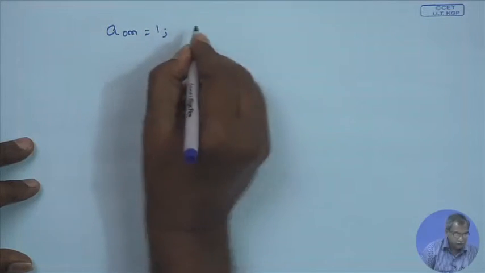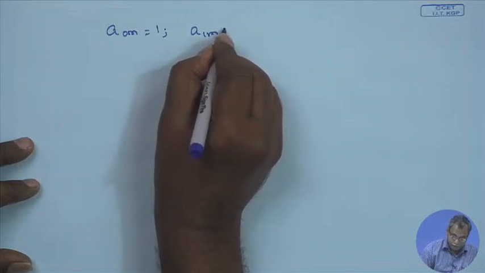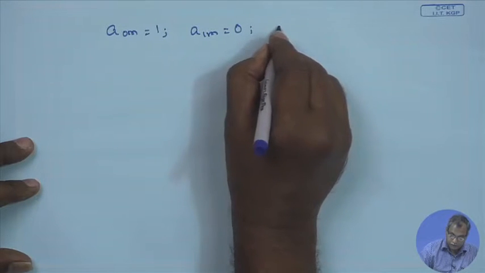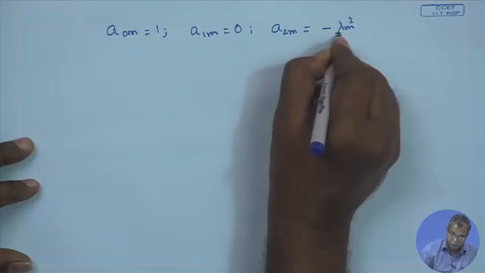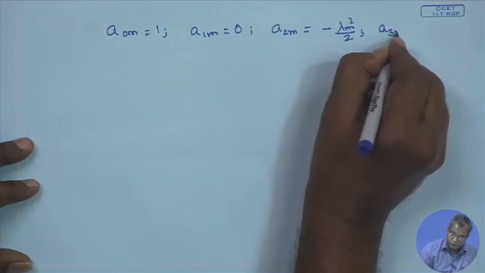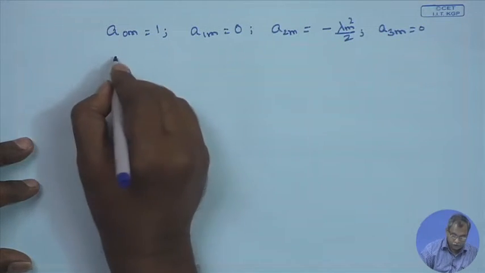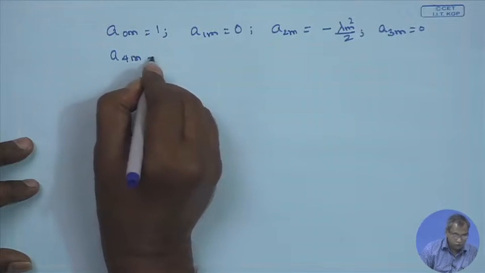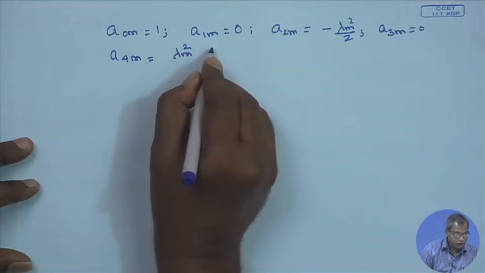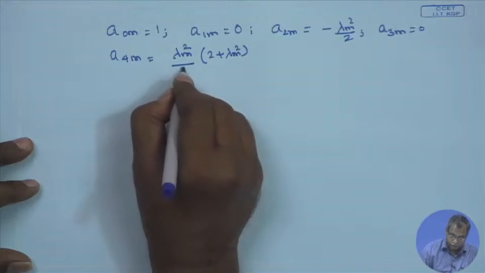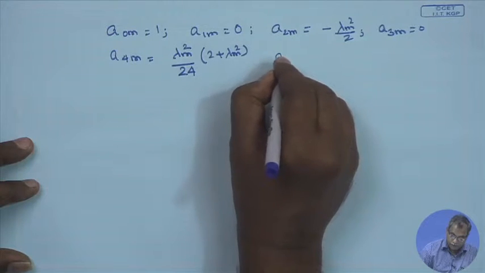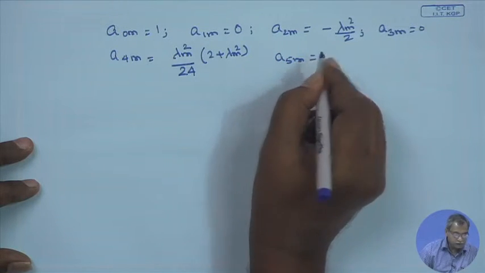So, what is A0 m? A0 m is equal to 1, A1 m is equal to 0. So, basically the even terms will survive in the series. A2 m is minus lambda m square by 2 and A3 m is equal to 0. Likewise, A4 m will be equal to lambda m square by 2 plus lambda m to the power 4 divided by 24. A5 m is equal to 0.